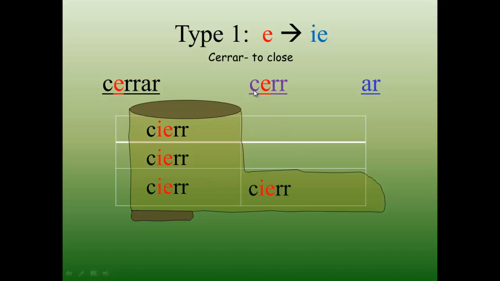Outside of the boot, it stays cerr. Then this is an AR verb, so my endings are o, as, a, amos, áis, an. So your houses of cerrar are cierro, cierras, cierra, cerramos, cerráis, cierran.